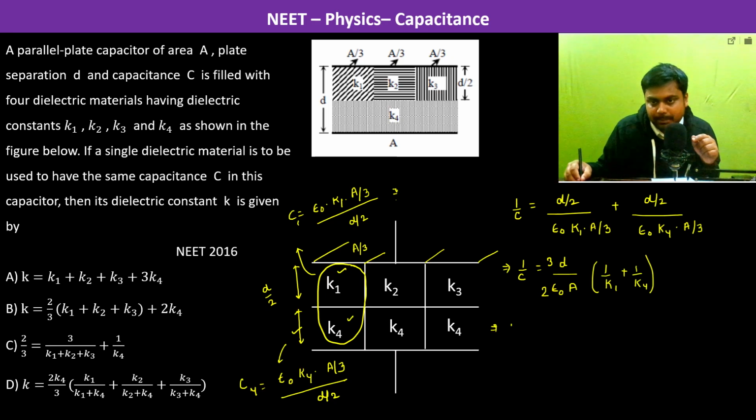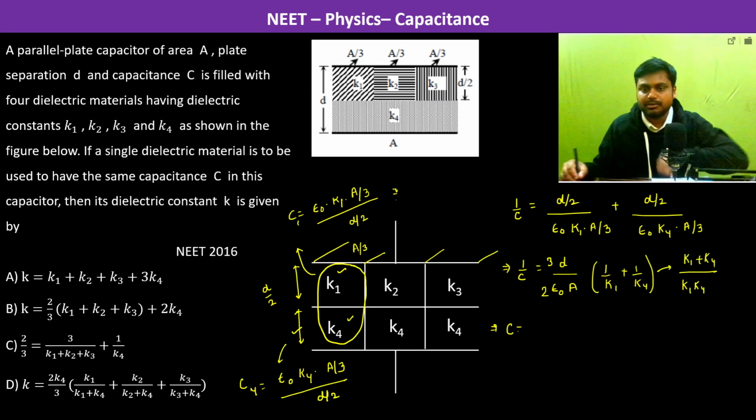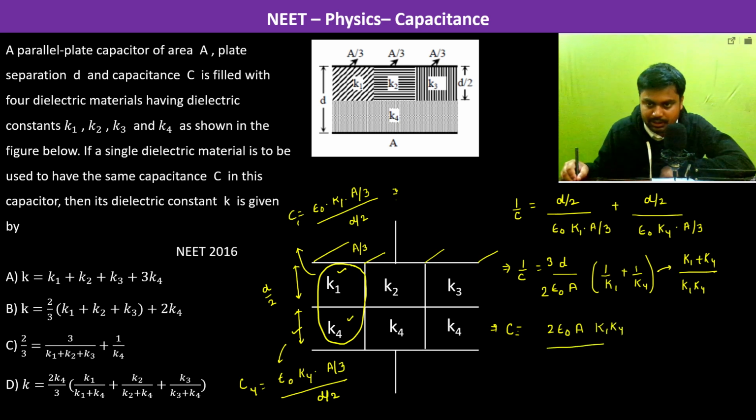Therefore the capacitance becomes K1 into K4 divided by K1 plus K4 in the numerator, so the capacitance is 2 epsilon naught A by 3D, times K1 K4 divided by K1 plus K4. Now this is for this.